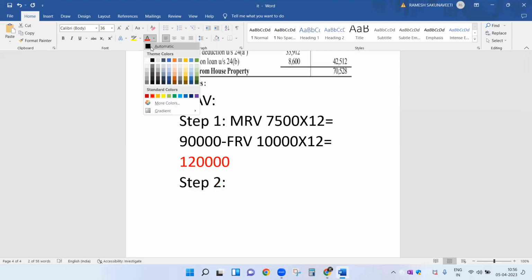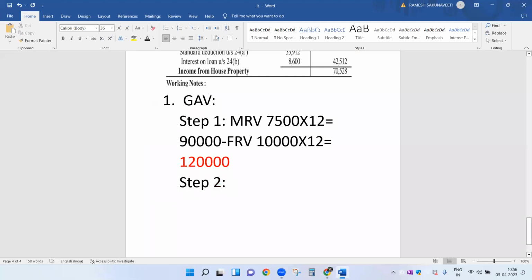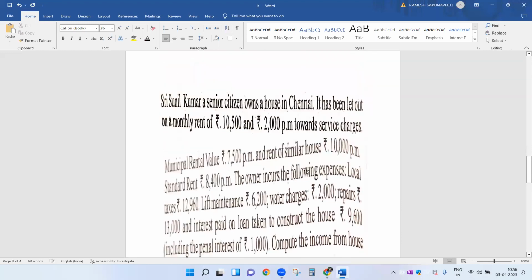Step 2. So in step 2, what we are going to do? Step 1 value you are going to compare with standard rental value, SRV. What is the value of SRV? Yes, you read the problem once. Standard rent, you can see here, it is mentioned.